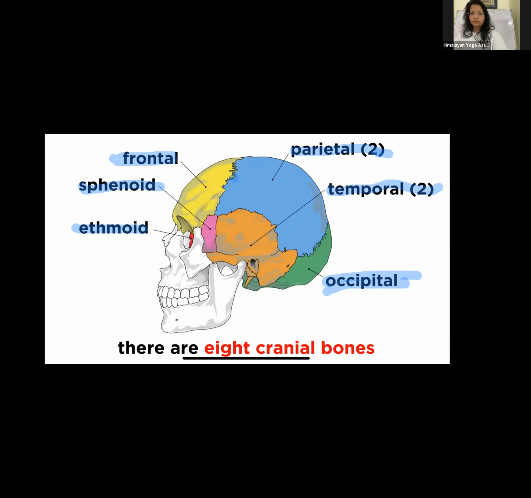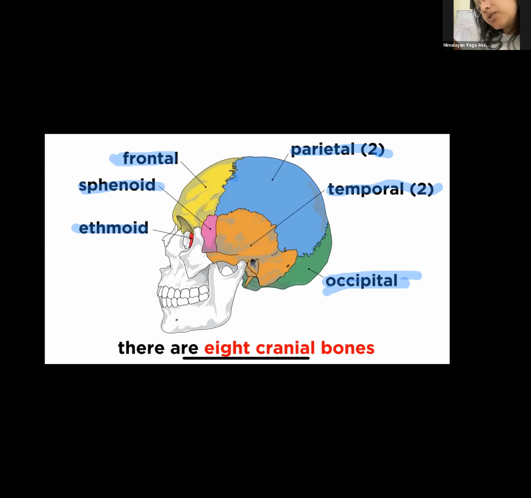No confusion. So you see, there are joints in the cranial bones, but they are immovable joints. We do not want these joints to move because they are protecting a very vital organ, our brain. That's why there are different bones, but they are connected through immovable joints.